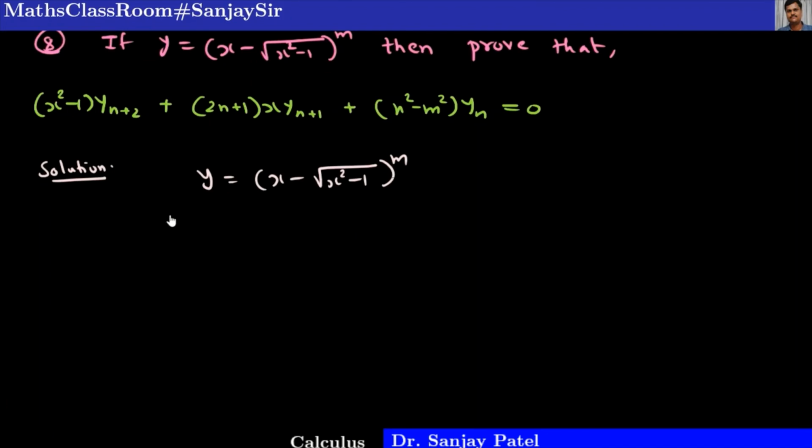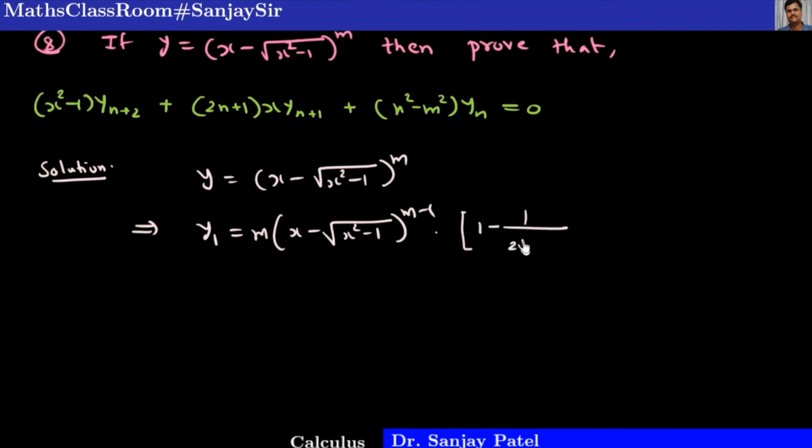So taking the first derivative, we get y1 is equal to m into (x minus square root of x square minus 1) raised to m minus 1 into the derivative of x minus square root of x square minus 1, which is 1 minus 1 upon 2 root of x square minus 1 into 2x.